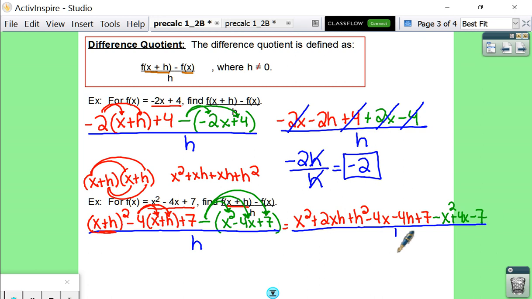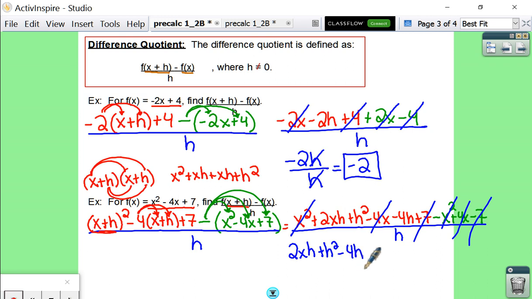Now that I have that simplified out, I'm looking for things that cancel, and they're going to cancel. X squared, negative x squared. Negative 4x, positive 4x. Positive 7, negative 7. Okay, so now I have a little bit more than last time. I have a 2xh, an h squared, and a negative 4h.